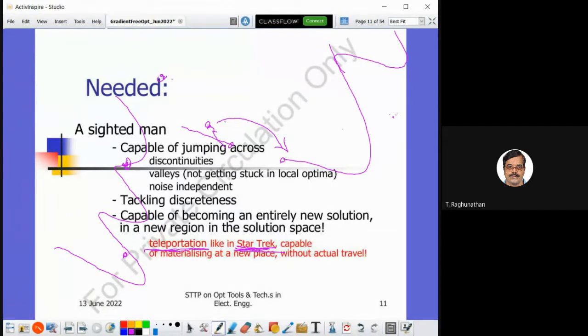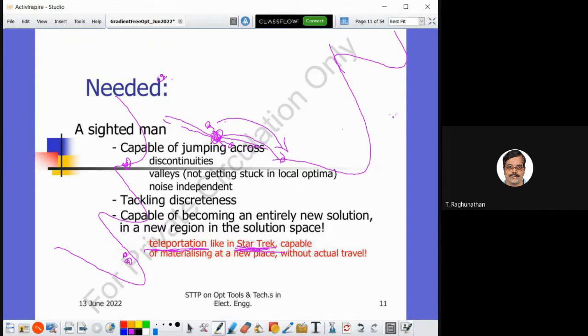Now our solution or our method, from here it should be capable of coming here, just like that. That is not possible with the gradient based methods we covered yesterday. From here it can come here, or it can go here, or at the most it might jump here.